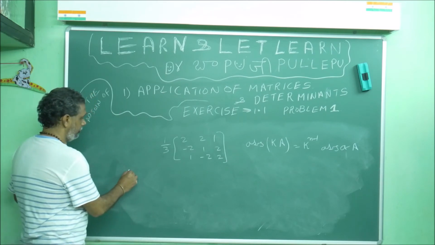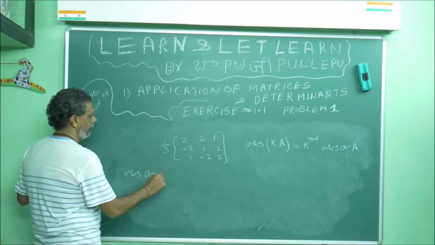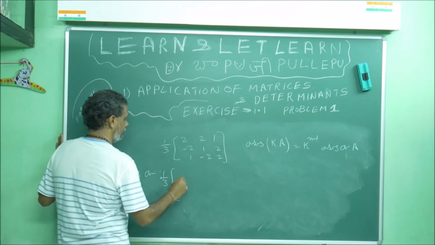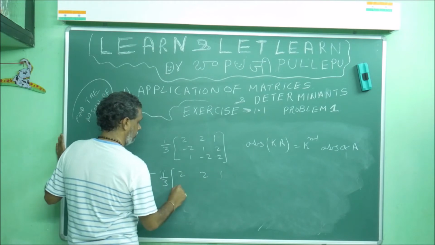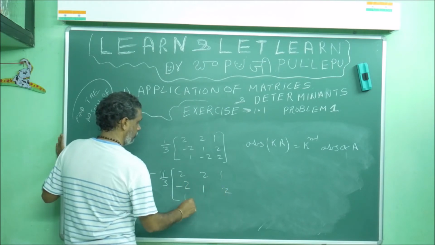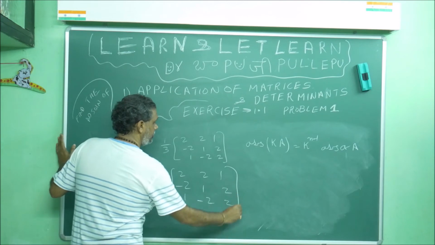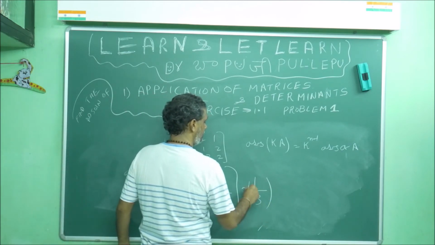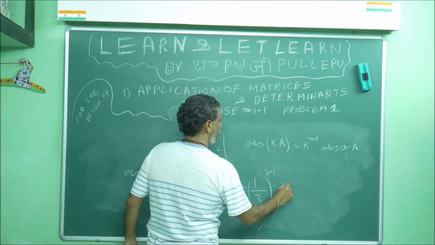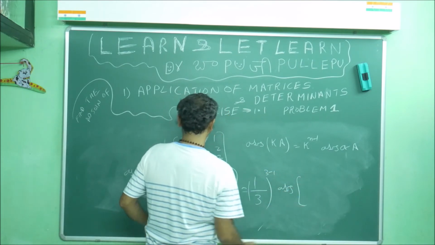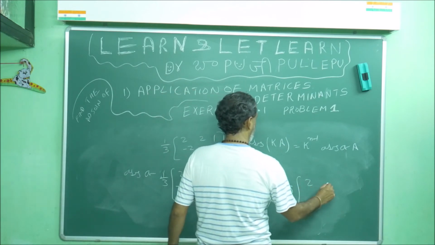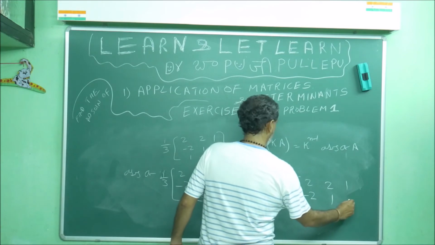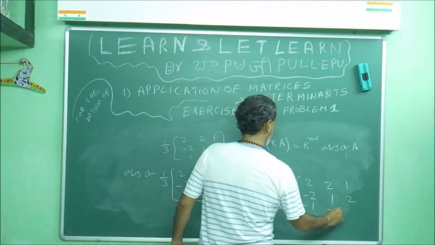So adjoint of this matrix 2 2 1 minus 2 1 2 1 minus 2 2 is equal to what you will get? 1 by 3 to the power n minus 1, 3 minus 1, into adjoint of 2 2 1 minus 2 1 2 1 minus 2 2.